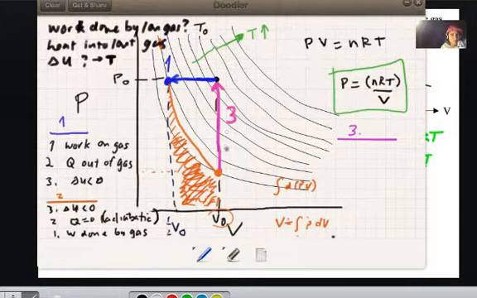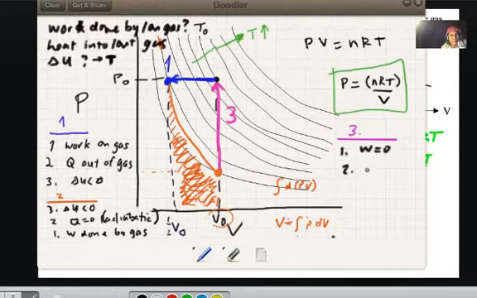It's isochoric, so the volume doesn't change, but we do get an increase in pressure. So the PV work that is done, I think it's none. P delta V is 0, so there is no work that is done. But we do actually increase in temperature from this isotherm to this isotherm.